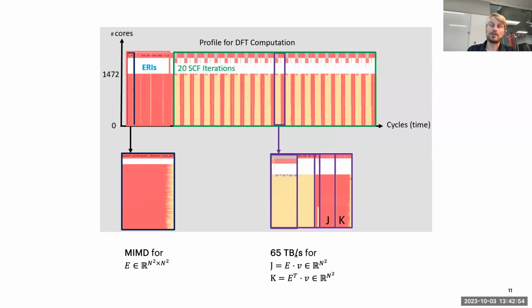And the second part of the computation is an iterative process that you would do for maybe 20 iterations, as in this case, which is vector matrix multiplications, as shown here, which are memory bandwidth bound.